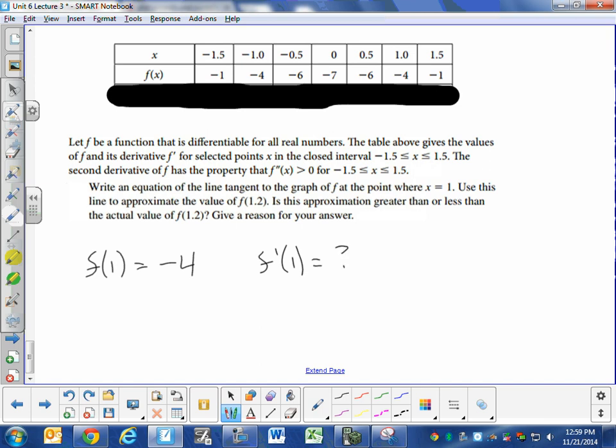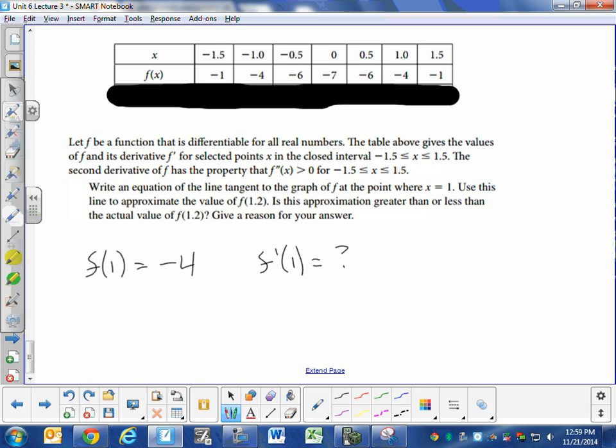I need the slope of the tangent of f at 1 to create a tangent line. What should I do? I still need f prime to figure that out.